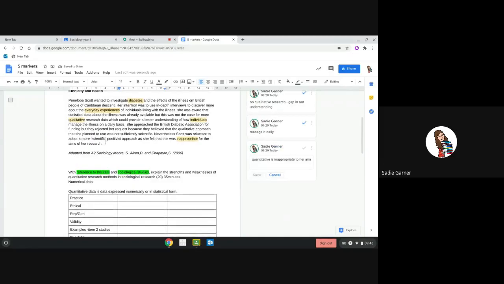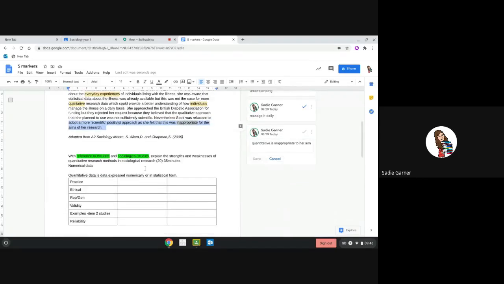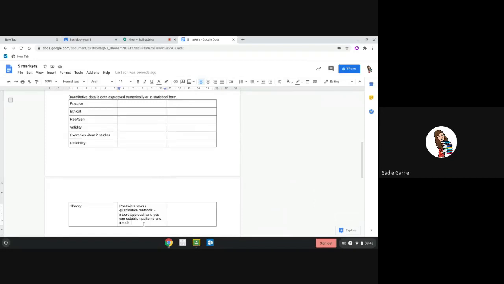Diabetic association in the item. They're positivist as well. That's where I'm going to reference the item. Positivists favour quantitative methods or a macro approach, as you can establish patterns and trends.